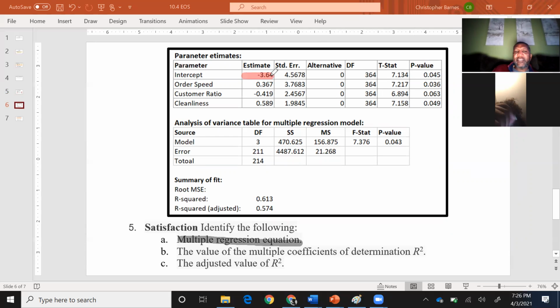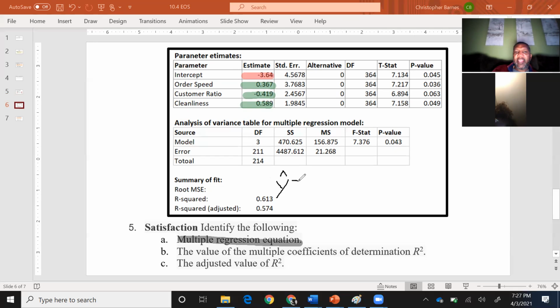This is the y-intercept. And each of these, boom, boom, boom, those are the estimates of the predictor variables, right? So what you would do is this. You would sit back there and write your equation. We do this.